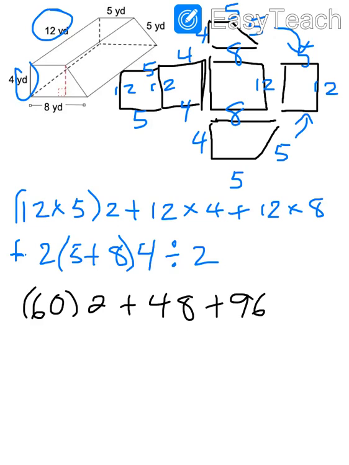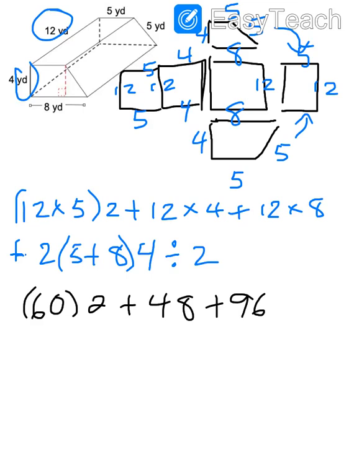2 times 13 times 4 divided by 2. So 2 times 13 is 26, as we said. And 26 times 4 is 104.